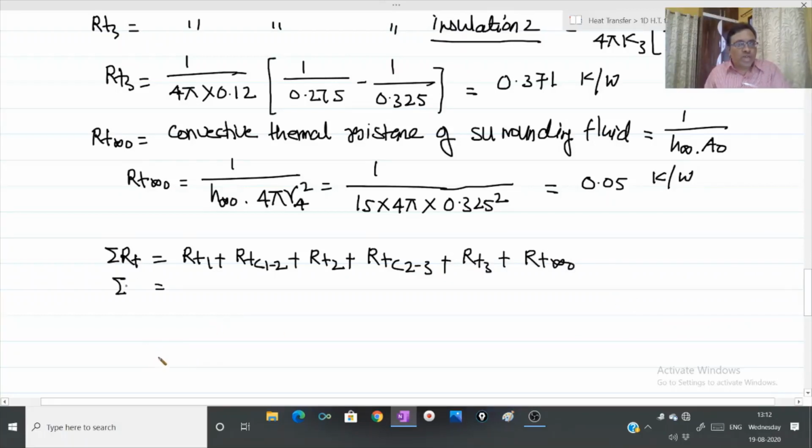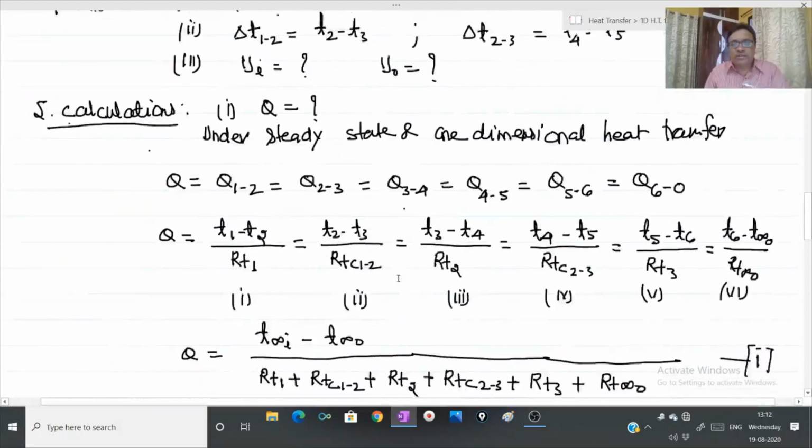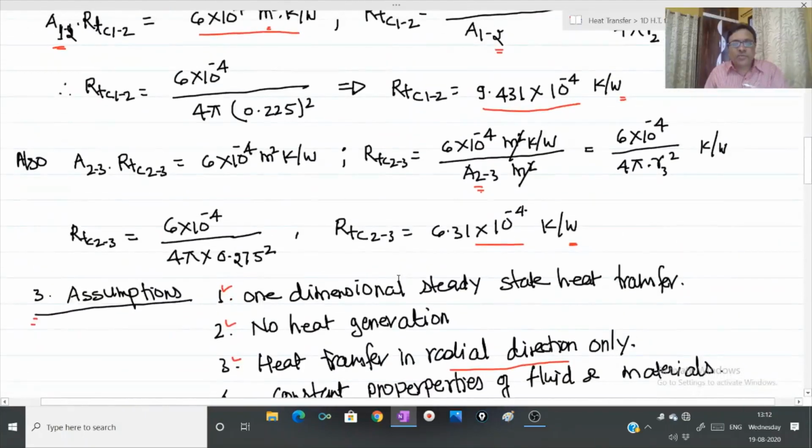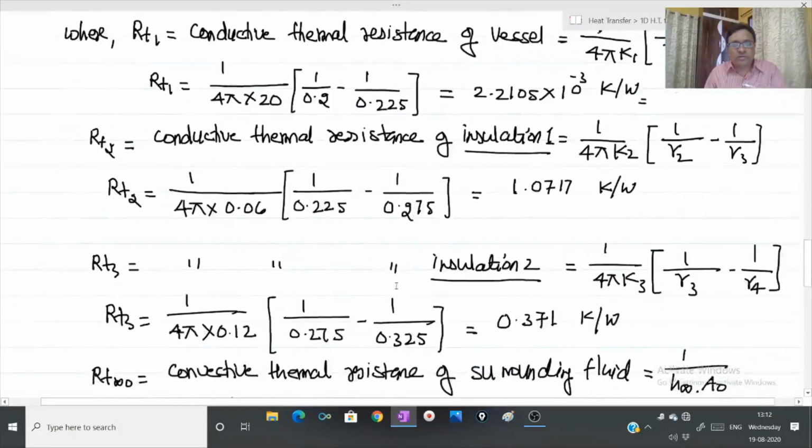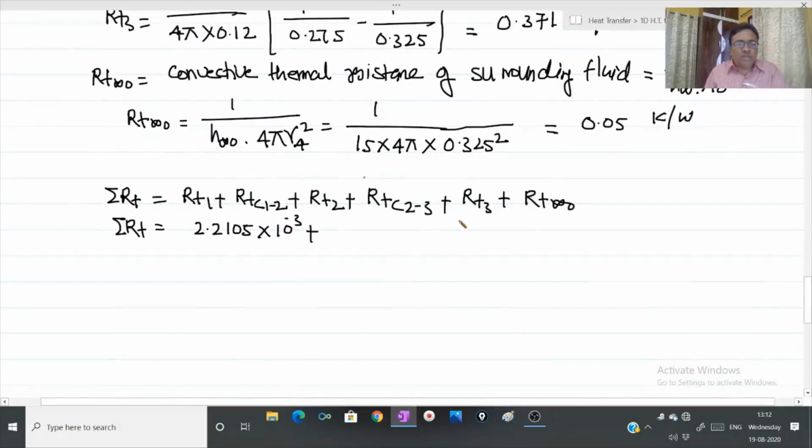Do not do the direct calculations, rather you put the values first. RT1 is given as 2.2105 into 10 to power minus 3. RTC12 is given as 9.431 into 10 to power minus 4.